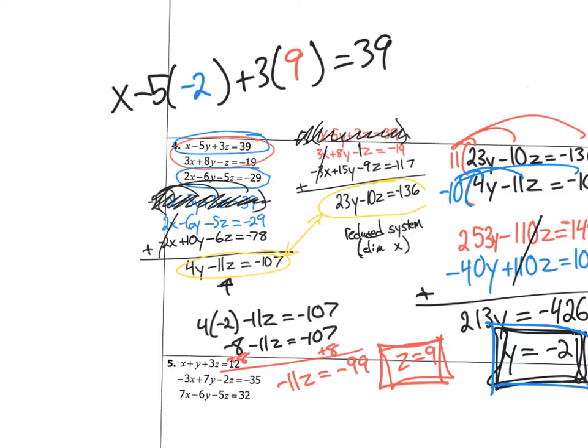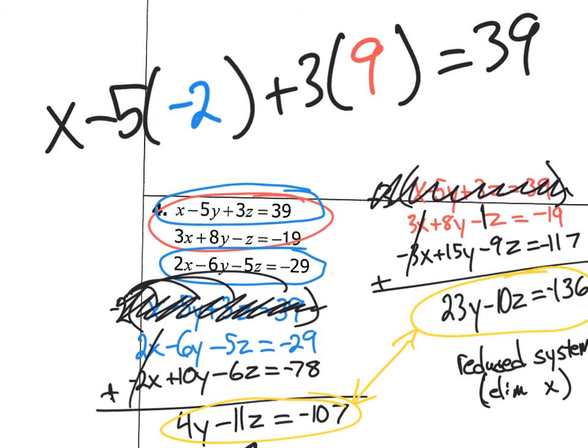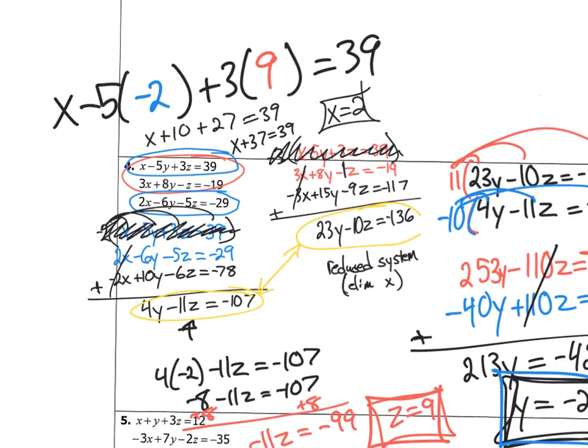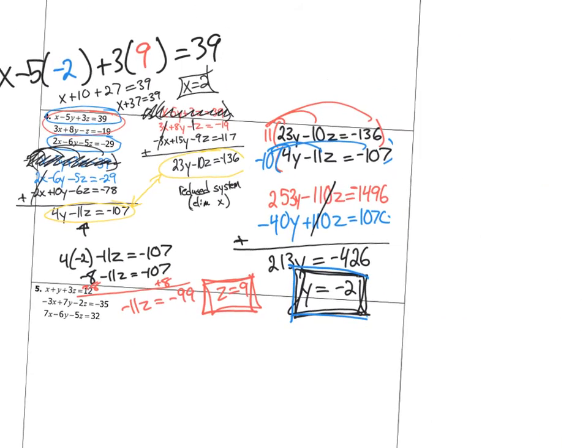So I would get x plus 10 plus 27 equals 39, which is x plus 37 equals 39. x is going to be 2. Okay, so my answer would be 2, negative 2, 9.